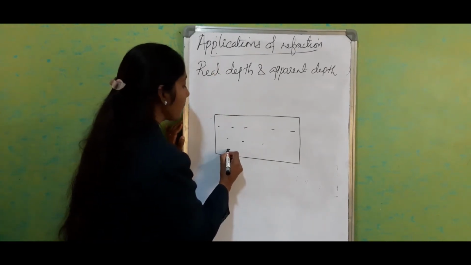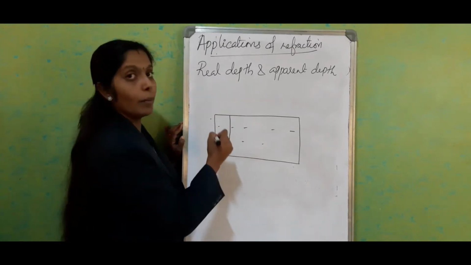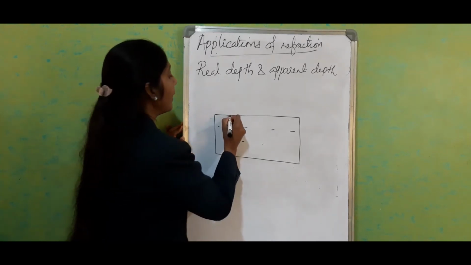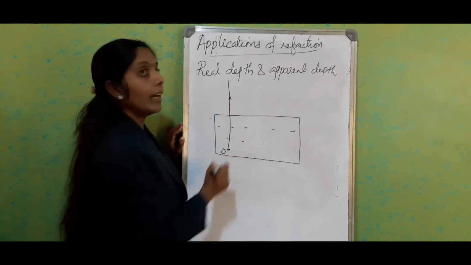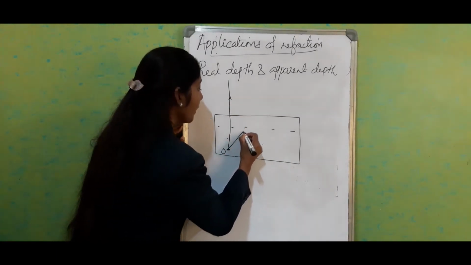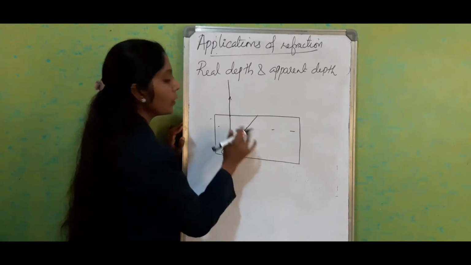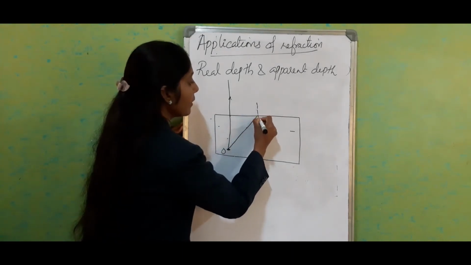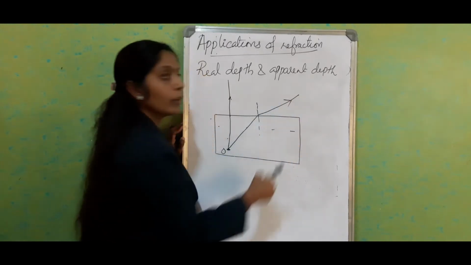So one ray is traveling this way as it is passing normally to the surface. What happens? It goes undeviated. Okay, this is our object. One more ray is traveling from here. When it strikes over here, what happens? It's traveling from denser to rarer medium. As it is denser to rarer medium, it bends away from the normal.